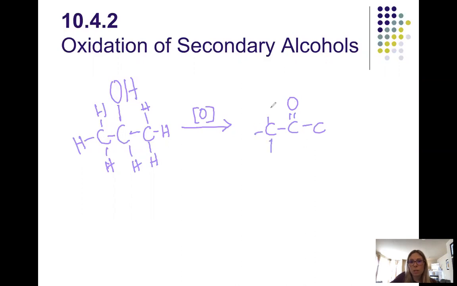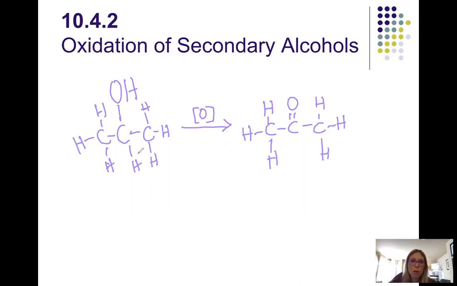If you notice, our 3 hydrogens are on that side, and they are going to stay intact over here. But what you need to notice is this carbon now has 1, 2, 3, 4 bonds around it. We know that it cannot exceed that.